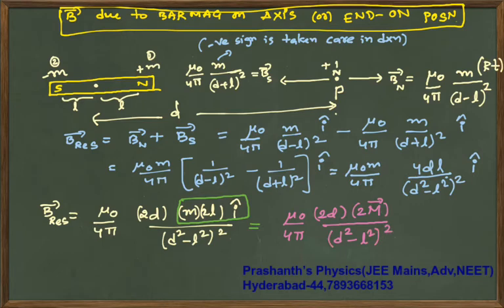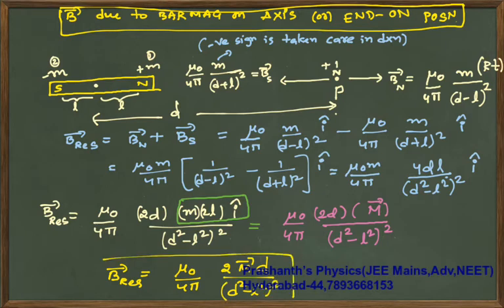Sorry, m into 2l is not 2m, it is just M. So your final resultant magnetic field on the axial line, similar to an electric dipole, is mu naught by 4 pi into 2M bar d by (d square minus l square) whole square. This is a very, very important result, you remember this result.